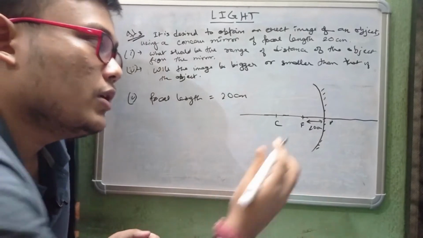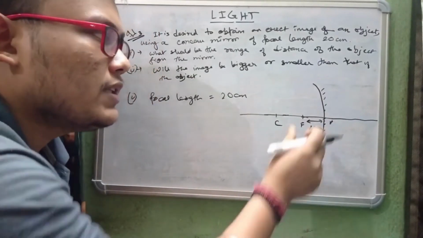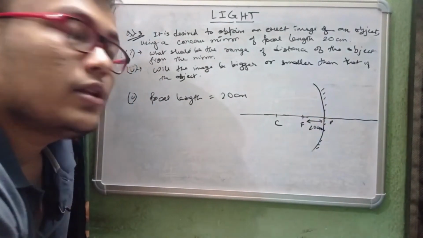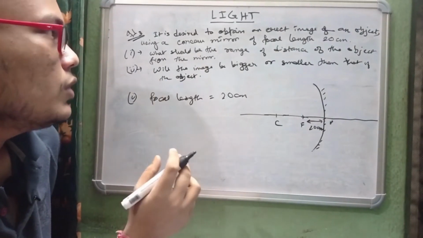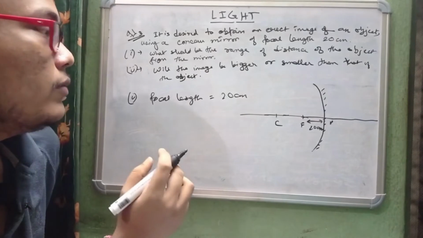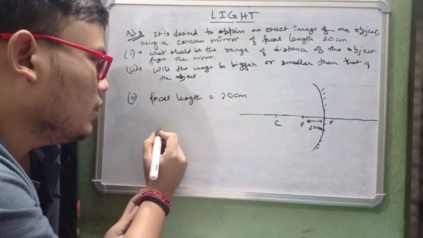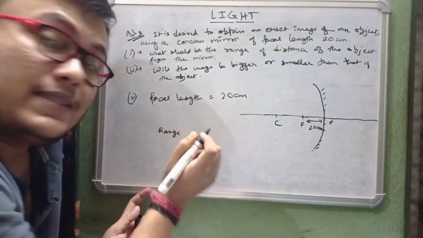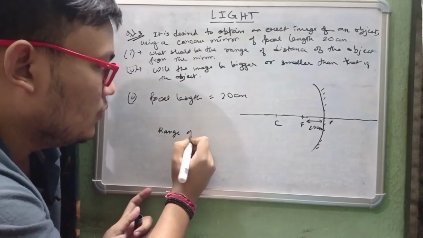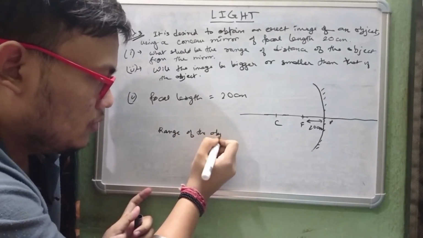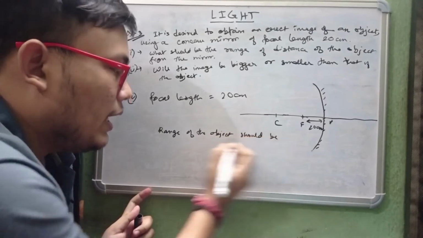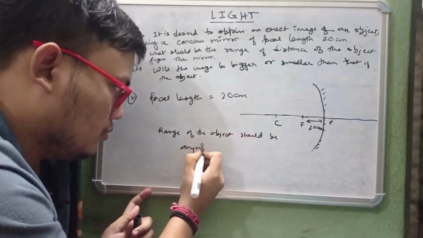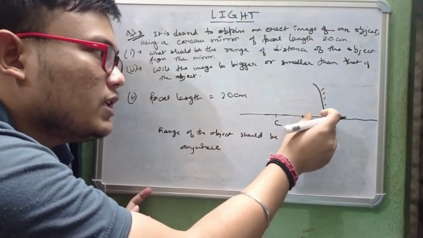So we know from theory that the object must be placed anywhere between focus and the pole, right? So what will be the range of the distance of the object from the mirror? The range of placing the object should be anywhere between this part, right?